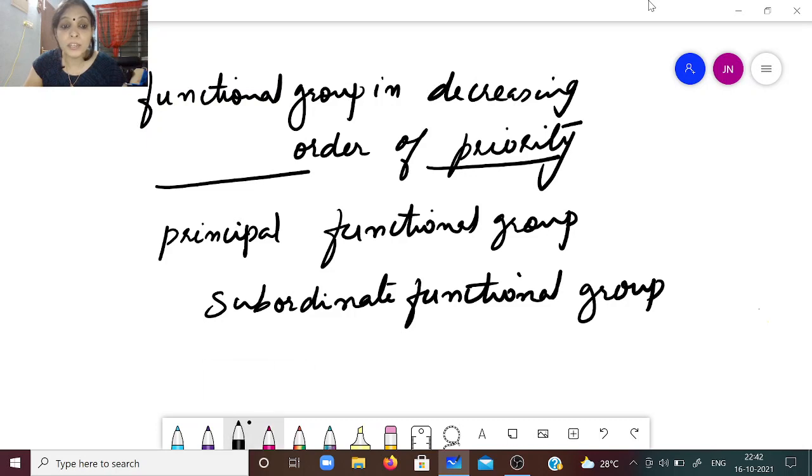The subordinate functional group is always used as prefix. The principal functional group, according to its importance, can be used as prefix or suffix.